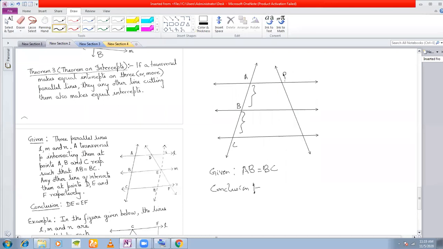That is, if I call these points P, Q, and R, then PQ must be equal to QR.